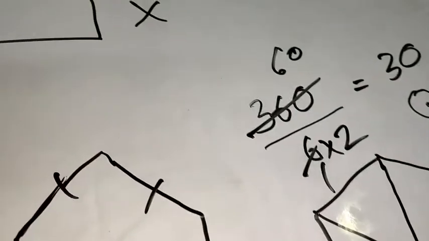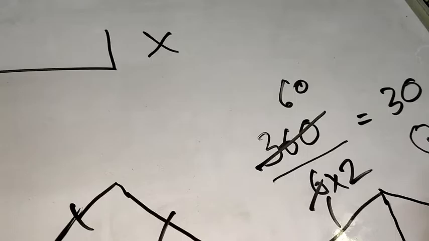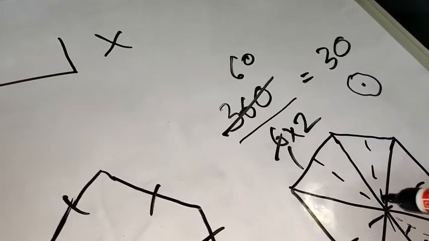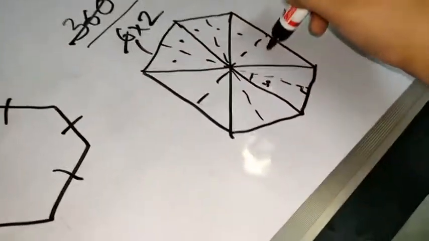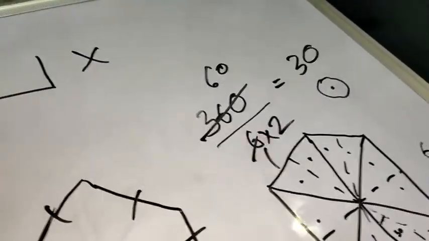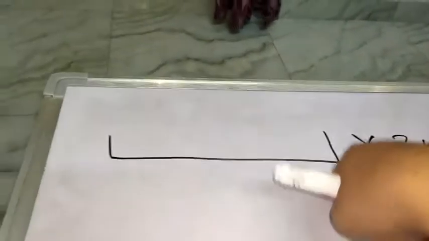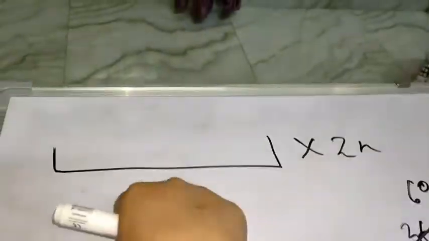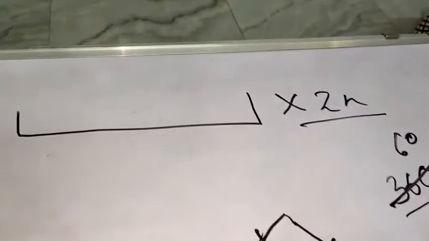For example, if you divide this, this, this, and similarly these, you get 1 2 3 4 5 6 7 8 9 10 11 12. So we know that the number of right angle triangles a regular polygon has is 2n, so we'll multiply by it, right? Now we have the basic structure: first we take out the area of this right angle triangle, and then multiply it by 2n.